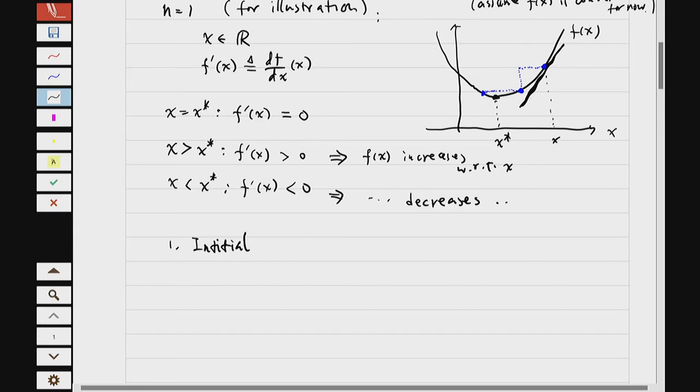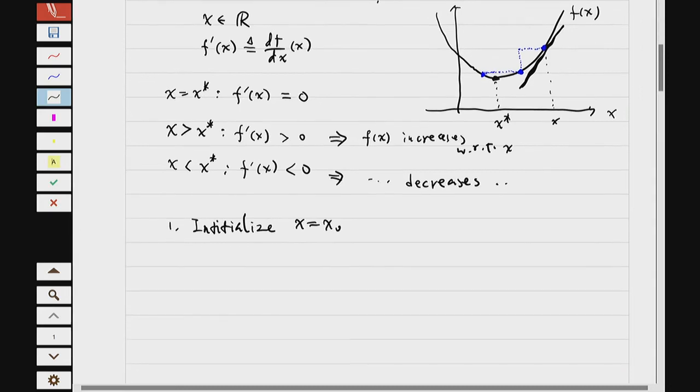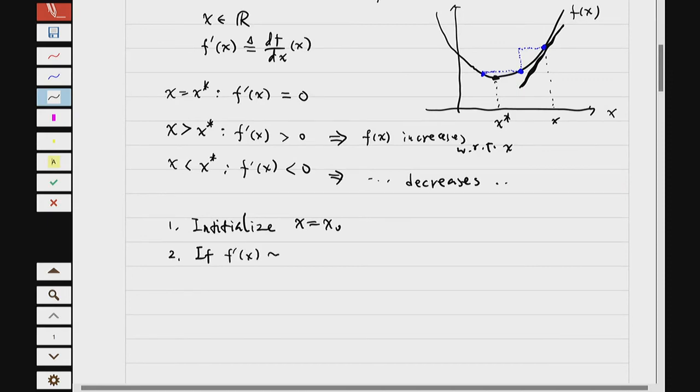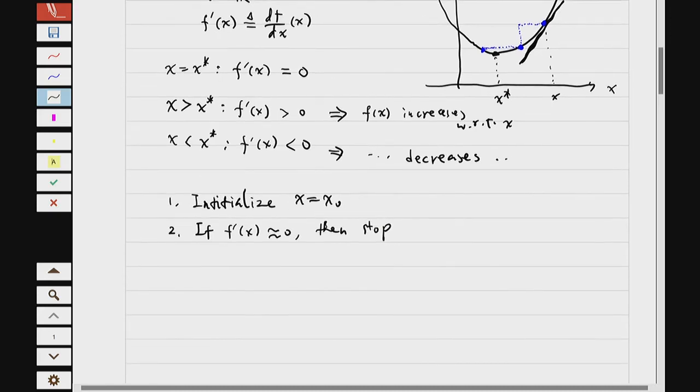Okay, so let's write it down. We initialize x equal to x0. And then if it turns out that f prime is approximately 0, then you can stop. Otherwise, make sure that you have included all cases, of course.